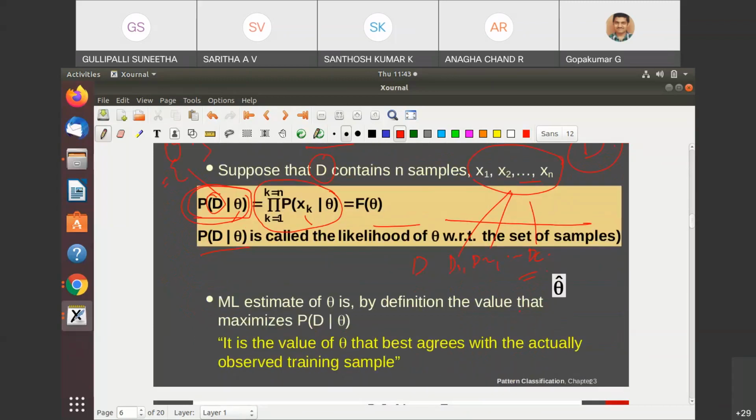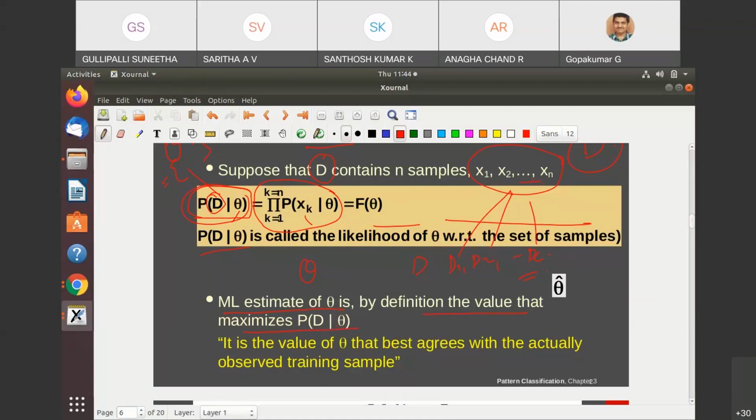Now what MLE, maximum likelihood estimation, is doing is finding the theta which maximizes this probability. So the ML estimate of theta is, by definition, the value that maximizes probability of D given theta.